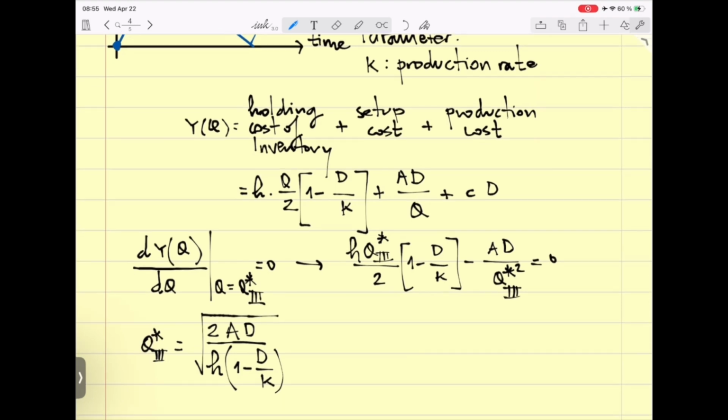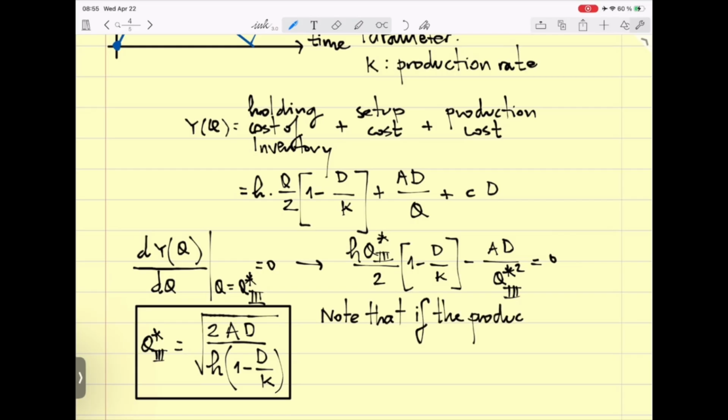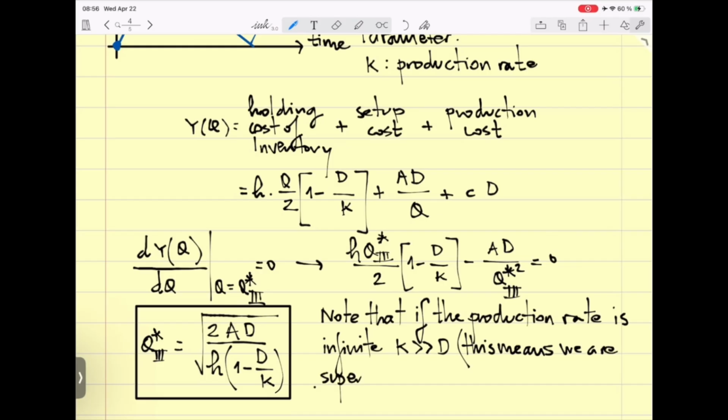Here it's important to notice that if the production rate is infinite, so K is much bigger than D, this means we are super fast producing compared to demand.